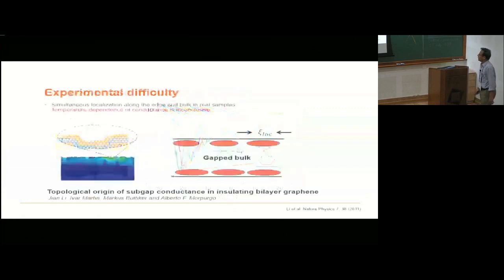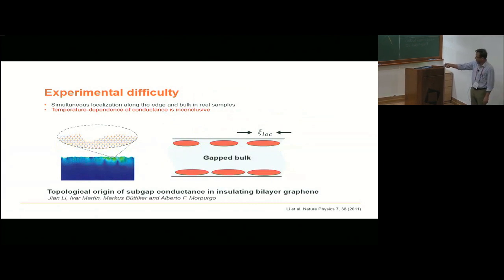The experimental difficulty in understanding insulating state transport is that the bulk is gapped, so it's insulating, but at the same time, there may be edge states along the boundary.